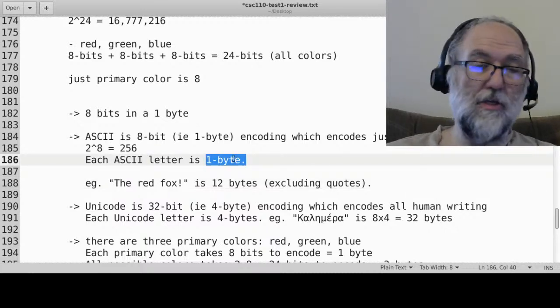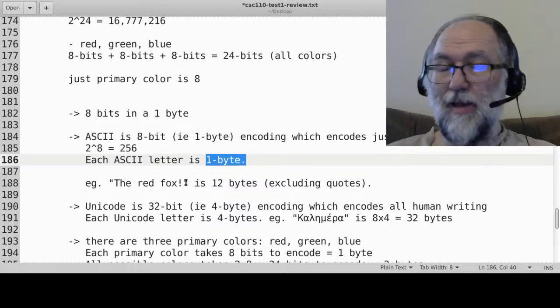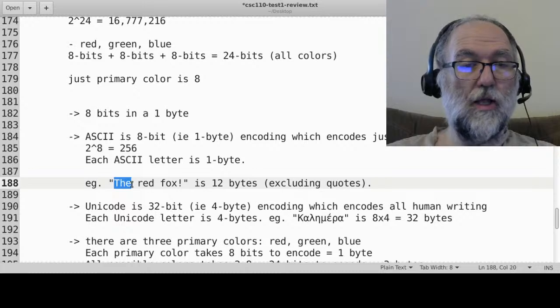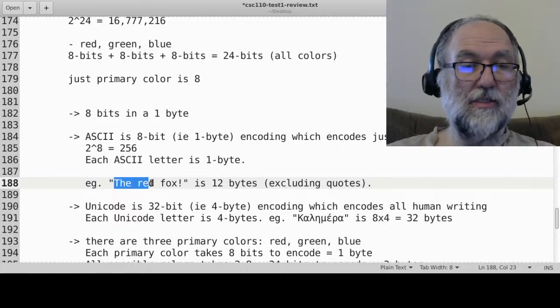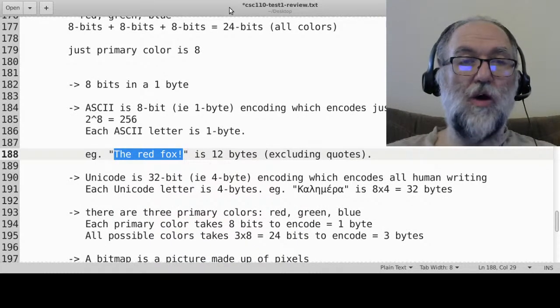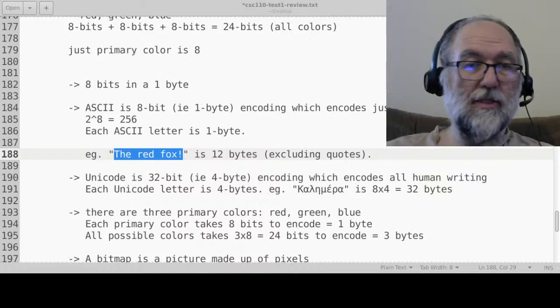So you just count the number of letters, and you count the number of bytes. But you have to be careful, because spaces count, exclamation points count, punctuation counts. So there's 1, 2, 3, 4. The space counts. 4, 5, 6, 7, 8, 9, 10, 11, 12. So all in all, you can see I've got 12 bytes highlighted, so it takes 12 bytes to encode that little sentence.